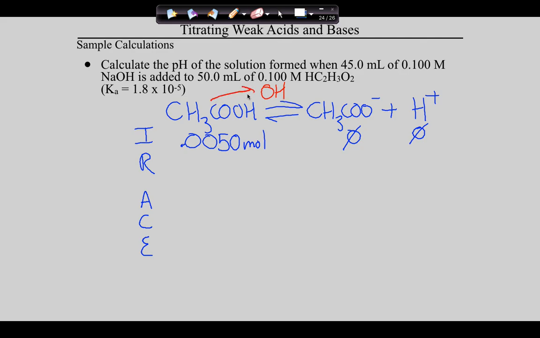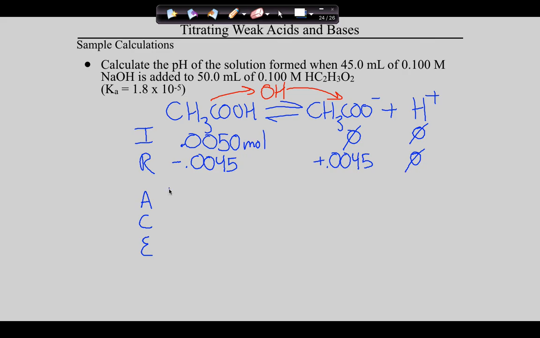So our acetic acid is going to go down and our acetate will go up by the amount of hydroxide that we're adding. That's the 0.0045. So this is minus 0.0045. This is plus 0.0045. And interestingly, proton still hasn't changed.